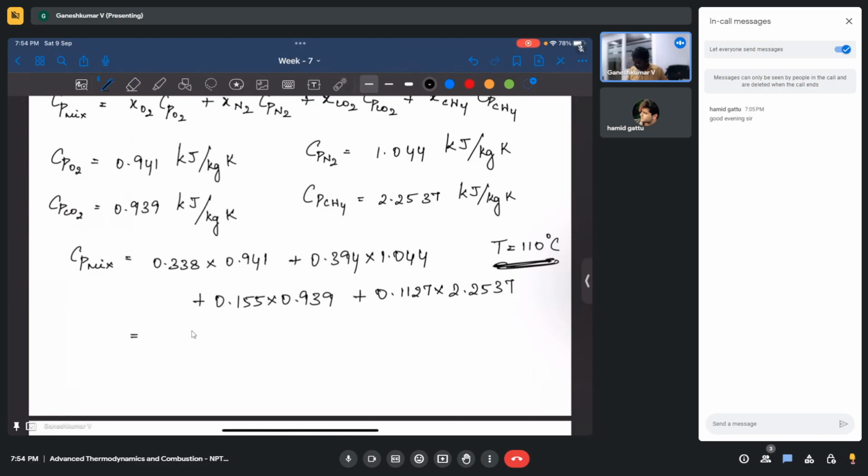So how much is that you are getting? So 1.1289 kilojoules per kg Kelvin.